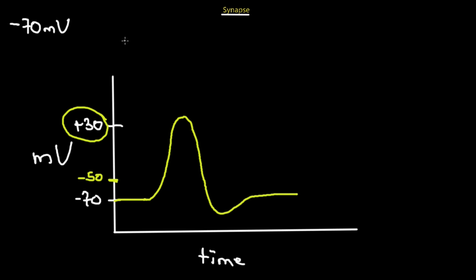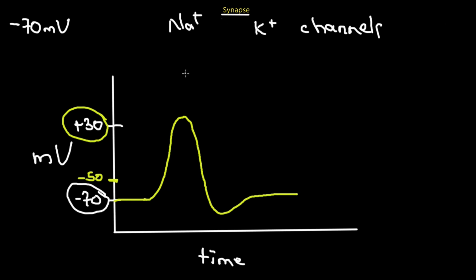Now all of this is caused by the changes in the permeability of the membrane, and that is going to cause the sodium ions and the potassium ions to be going across the cell membrane at a very fast pace. So when the cell is at its resting potential, the sodium and potassium channels associated with the membrane are going to be closed.